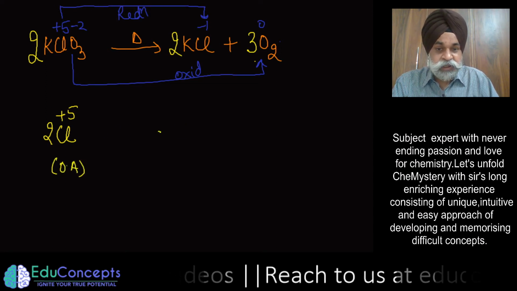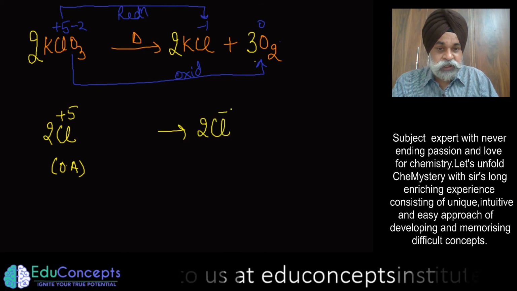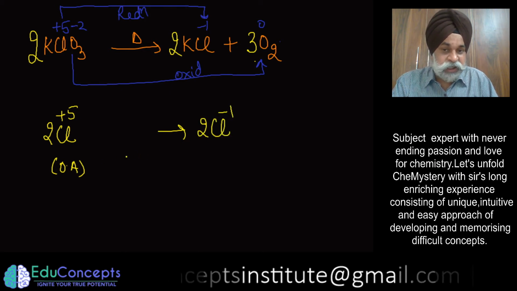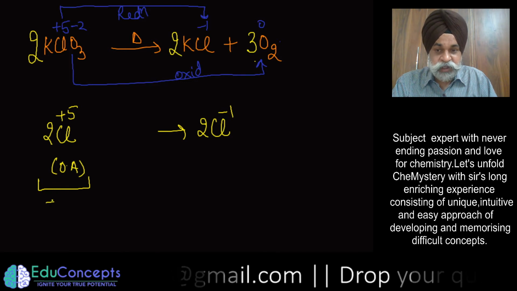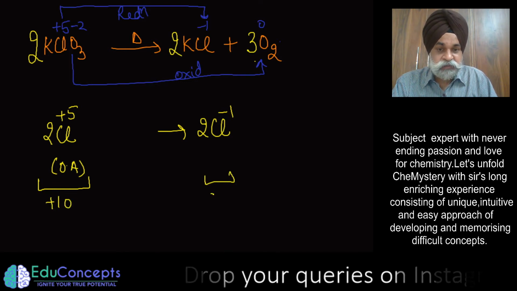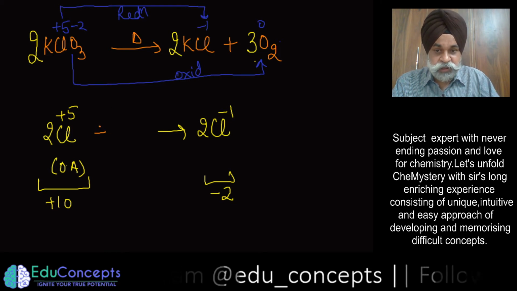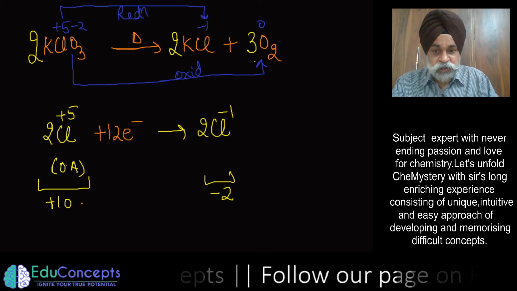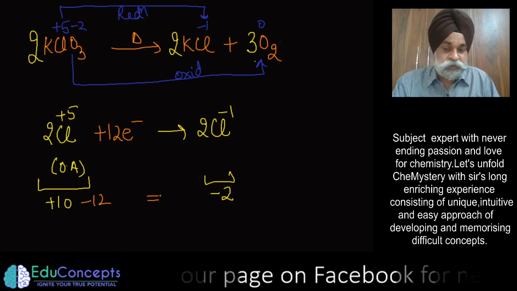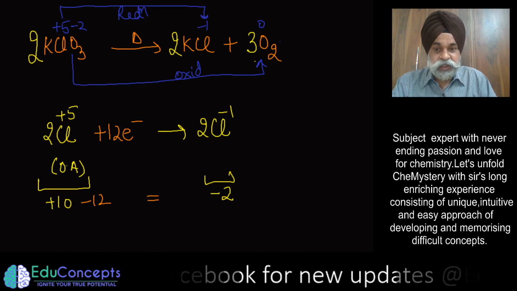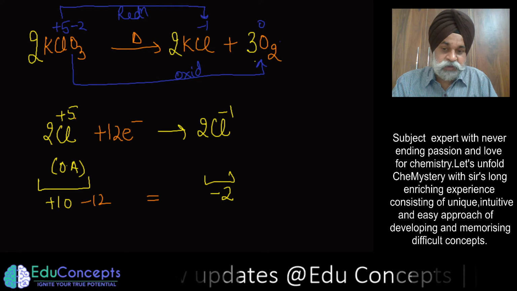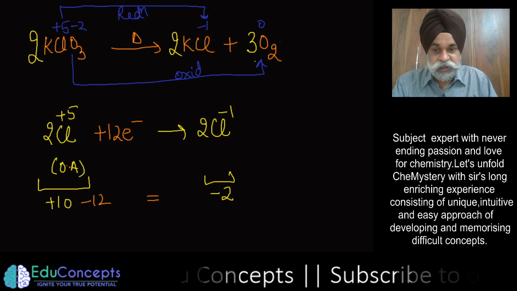Because it is changing itself into 2Cl negative, and to keep the charge balance, you have +10 charge on this side and -2 charge on the other. If I place 12 electrons here, the charge gets balanced, that is -2 on both sides. So this chlorine in +5 oxidation state is acting as an oxidizing agent.